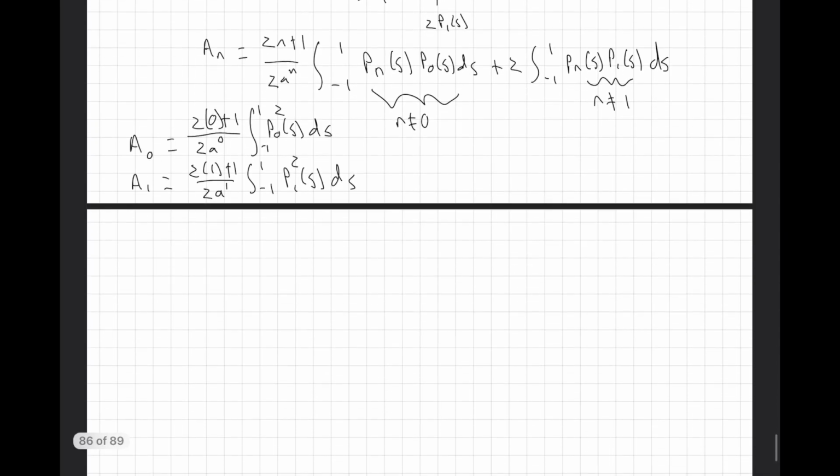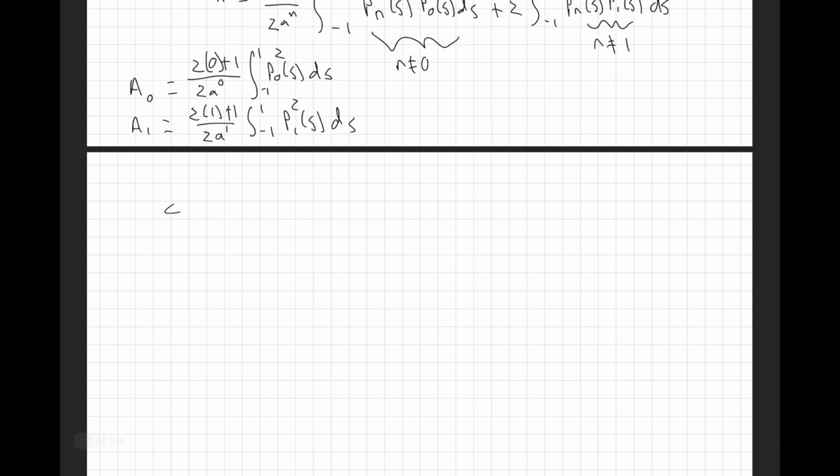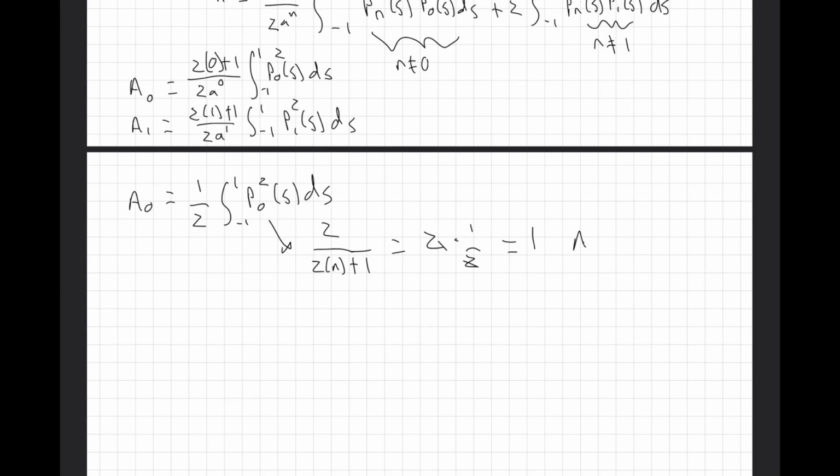These two integrals are from negative 1 to 1 still. And so these two integrals work out to be 2. A sub 0 equals 1/2 times the integral of p sub 0 squared of s ds. So remember, this solution comes in the form 2 over (2 times n plus 1). So this is going to be equal to 2. 2 times 1/2 equals 1. So a sub 0 equals 1.